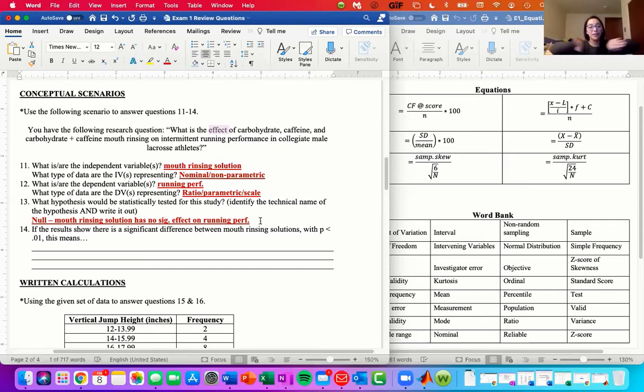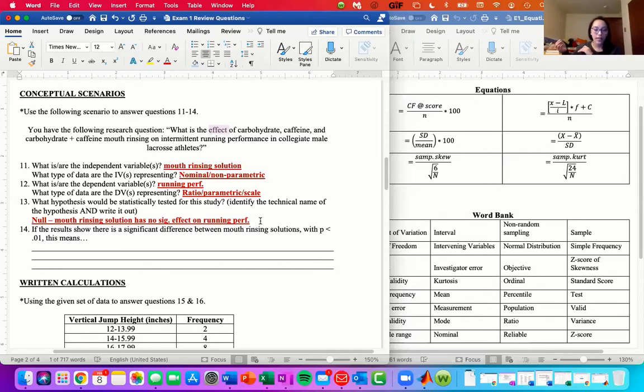They just have to be mutually exclusive. If mouth rinsing says that there is no effect, the research hypothesis says that there is an effect. If we specified a direction of the change we are expecting, let's say we think the carbohydrate group is going to have the best running performance, the null hypothesis would say there is no difference between groups.